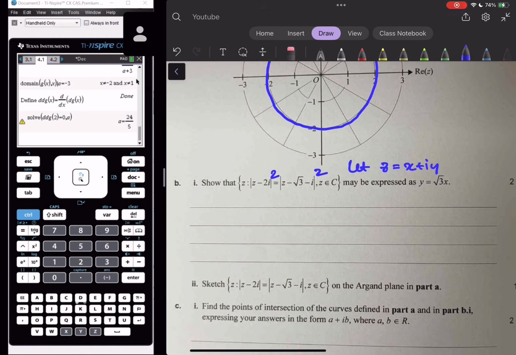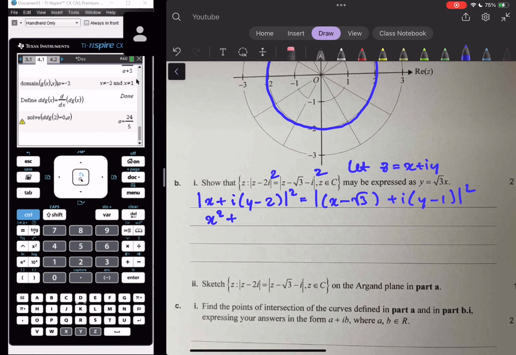So if you do that, you get the modulus of z, which is x plus iy minus 2i, and you can factor out an i, leaving you with x plus i(y minus 2), and this is equal to x minus √3 plus i(y minus 1). Sorry, there shouldn't be a square here, the square should go on the outside. And then when we take the square, that's when we put the squares here.